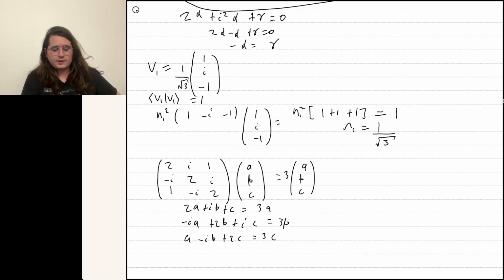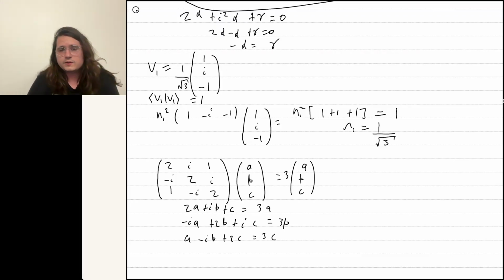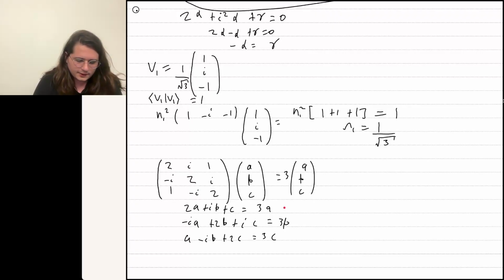Now I'm going to tell you that all of these equations are the same equation. If you solve this guy for a, it looks like ib plus c equals a. Did the same thing here just by multiplying by overall i, and then canceling out b's on either side.